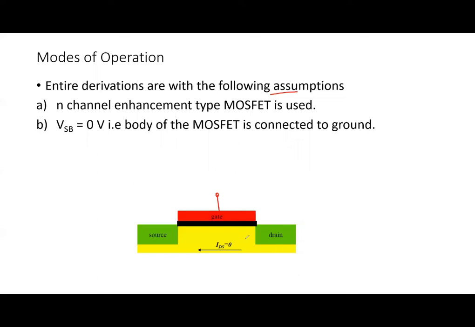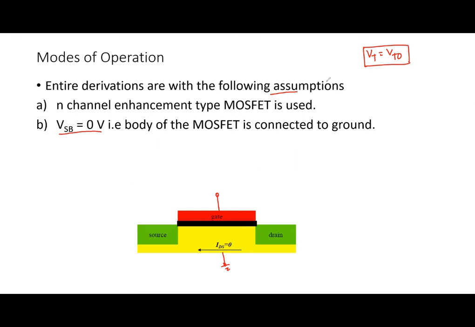Another assumption in this derivation is that the substrate body voltage is 0, or the fourth terminal is grounded. So we are not applying any potential, and with that advantage Vt is equal to Vt0. There is no modification in threshold voltage in the coming slides.